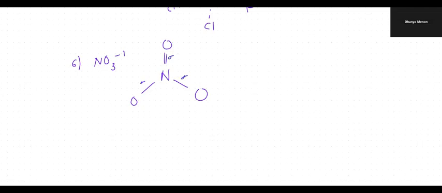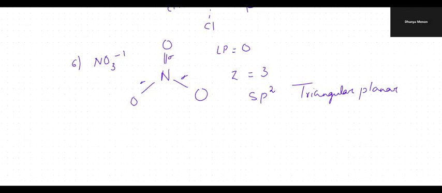How many lone pairs are there? 0. So Z is equal to 3 sigma bonds. Z equal to 3 means 3 hybrid orbitals. That means it is sp2, so triangular planar.